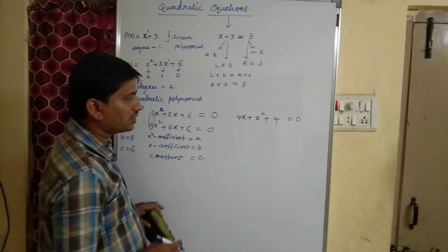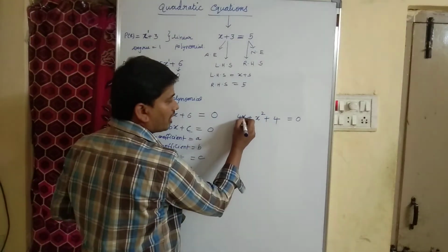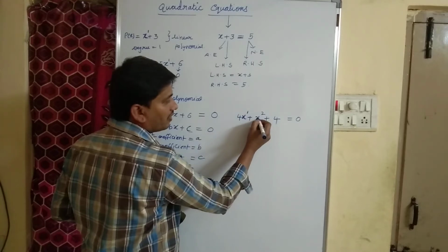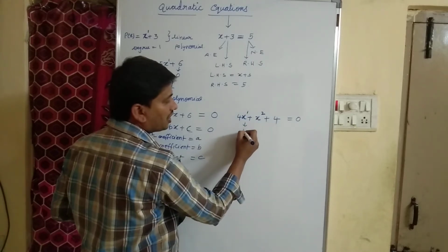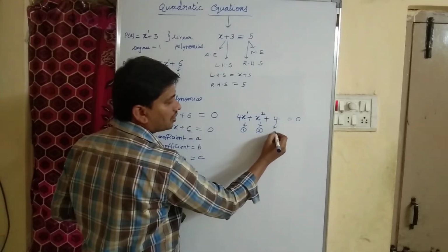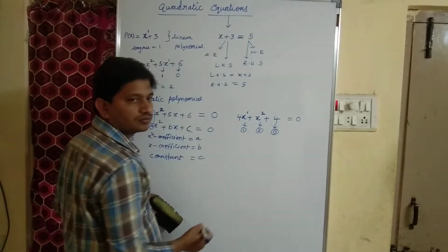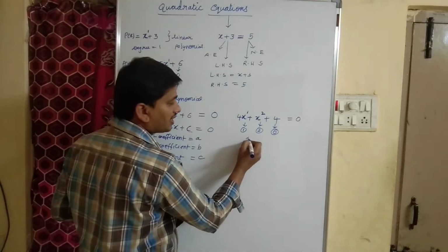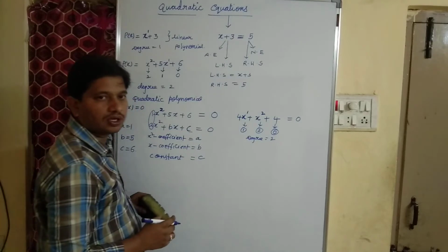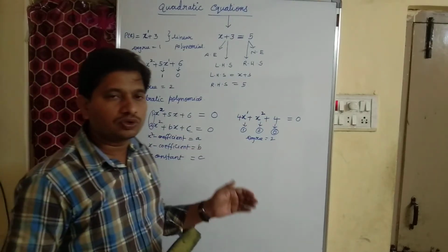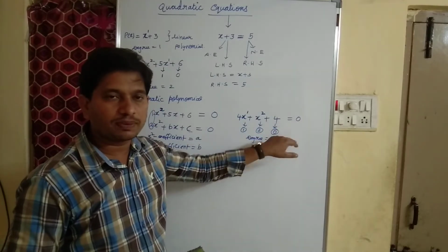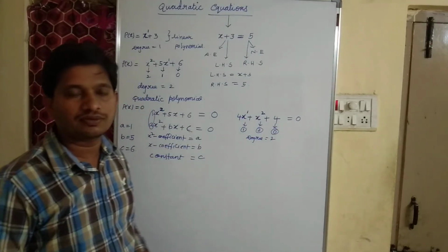Because if you observe here, the variable involved is x, and here the power is 1, whereas here power is 2, here degree equal to 1, here degree equal to 2, and this is constant, degree of constant term is 0. So as highest degree equal to 2, if the polynomial whose degree equal to 2, that is said to be a quadratic polynomial. We have an equal sign in between two expressions, hence it is said to be a quadratic equation.